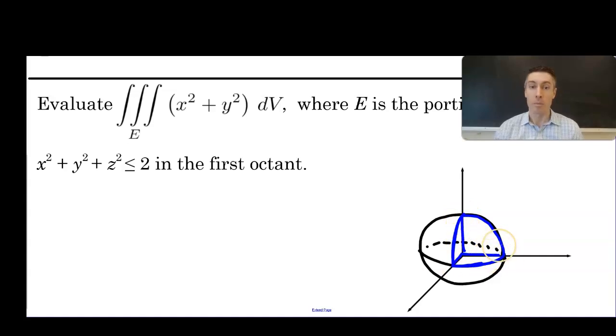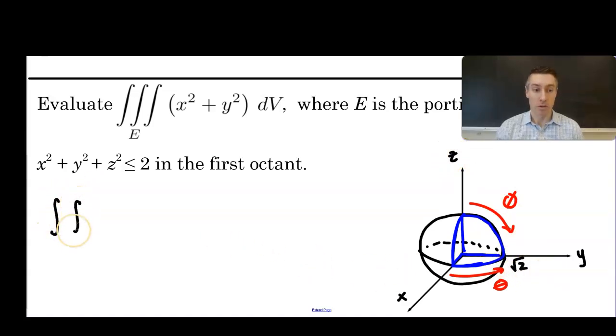Now just marking up where we're thinking. So rho is the radius, so from 0 out to the surface of the sphere. Theta, use a different color, so theta is going to be how we sweep in the xy plane, and phi is going to be how we sweep off of the z-axis. So probably helpful to label our axes as well, and then that radius is square root of 2.